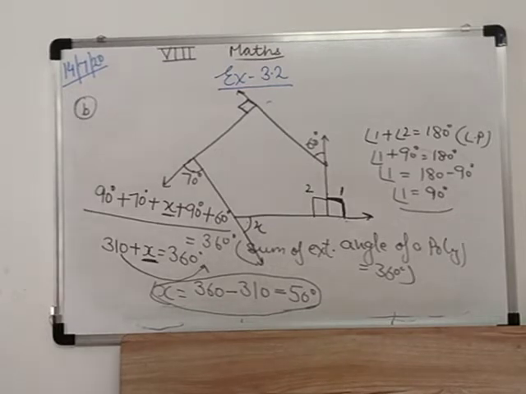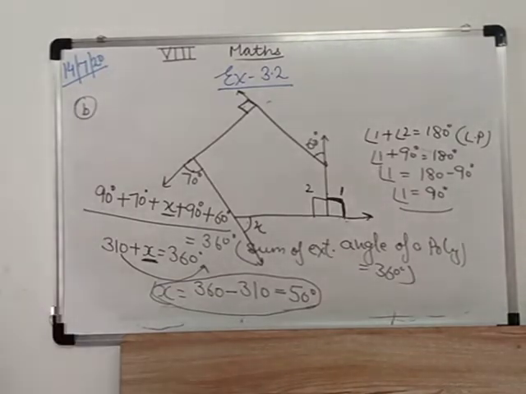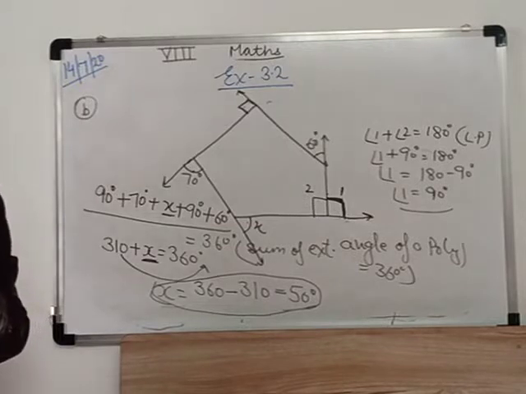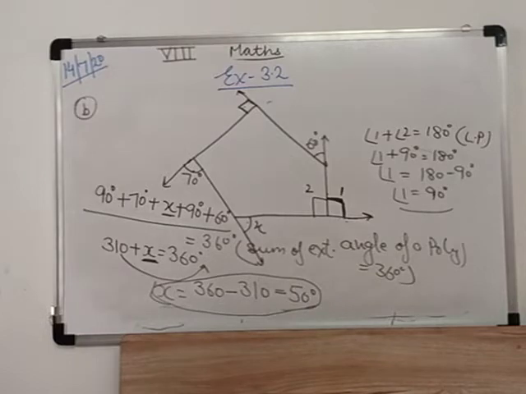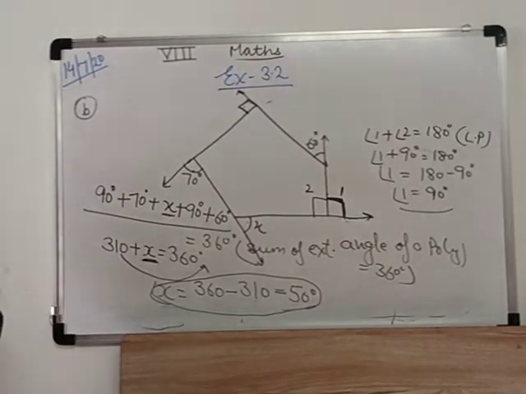Okay. Now in this exercise, the next question is about how we can measure each exterior angle of a regular polygon. Means how we can find each exterior angle of a regular polygon, because in a regular polygon the angles are equal and the sides are equal.